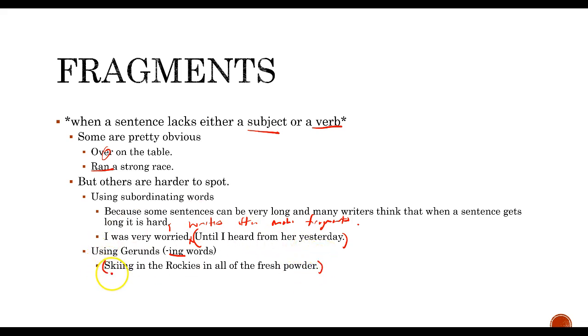You might think there is a verb in here, skiing, because skiing is a verb. But since we have the -ing, it's actually a noun, and this is a thing. Skiing in the Rockies and all of the fresh powder is fun, right? That could be a complete sentence, but we need a verb here. So since we used the gerund, we assumed that there was a verb here, but in fact there wasn't.